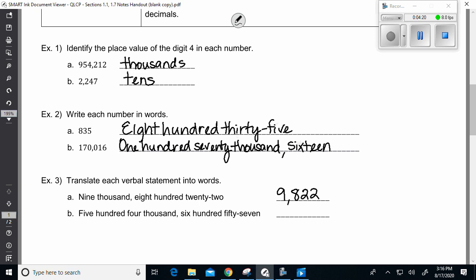It means exactly what it sounds like. 504,657. So that's 504,000, comma, 657. So again, the key there is you're writing it out exactly as it sounds.